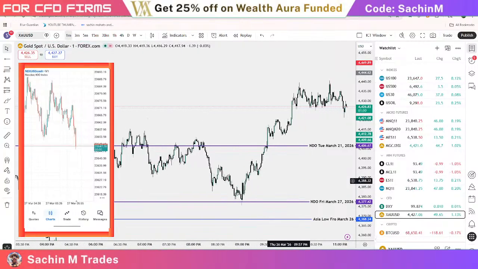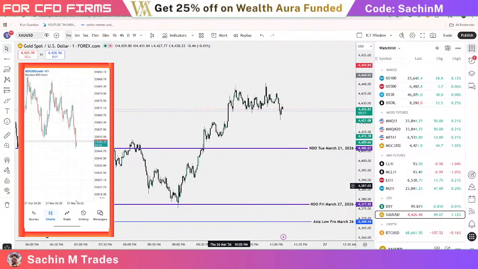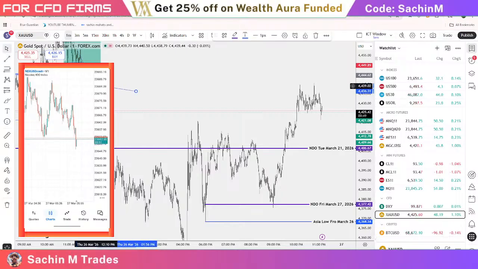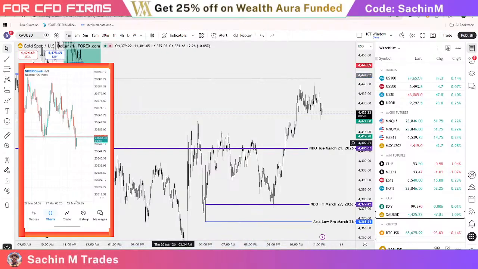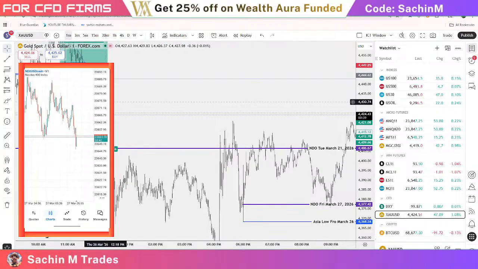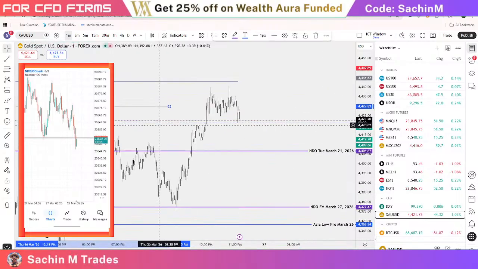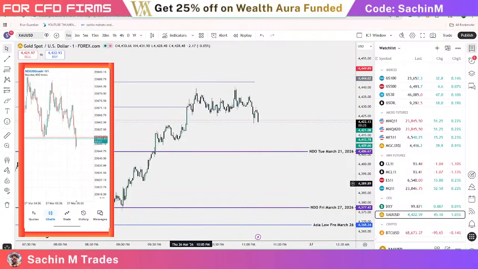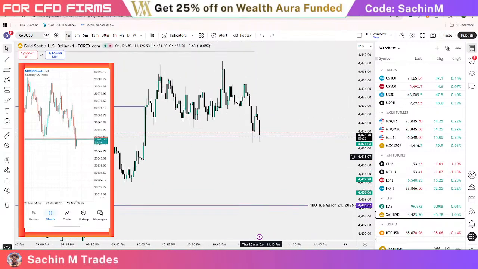Let's see if we can get any kind of sells right here. I think we can get a sell. Let's mark the liquidity. Let's see if this liquidity was swiped. So this liquidity is swiped, and we also have a market structure shift.